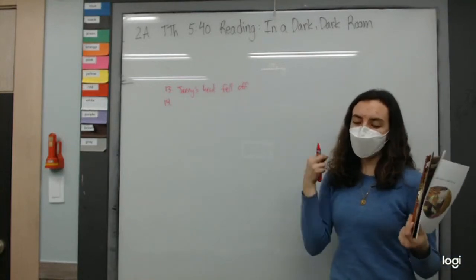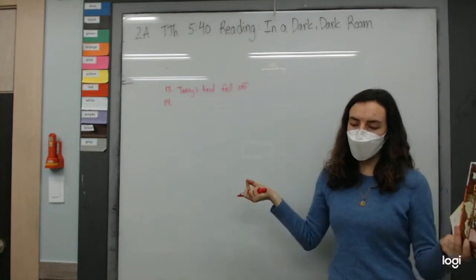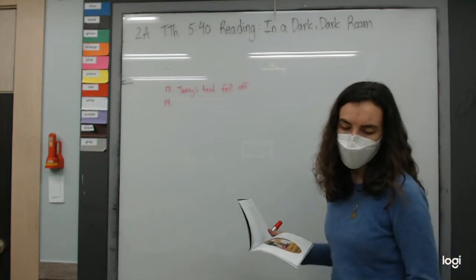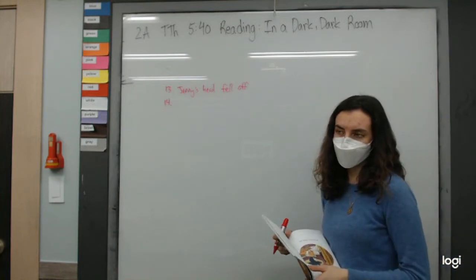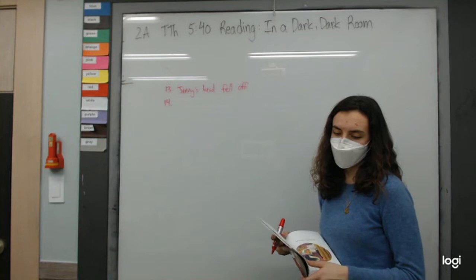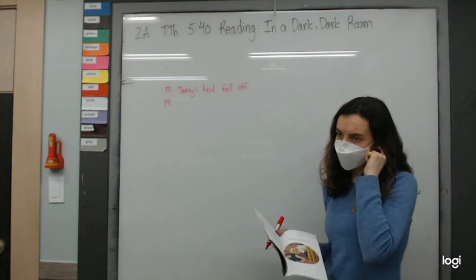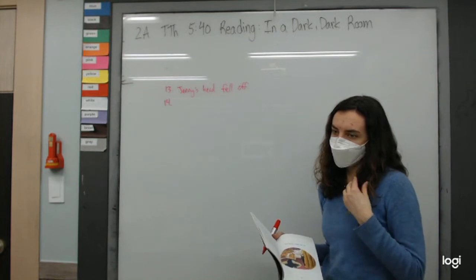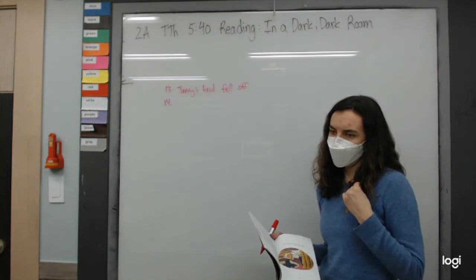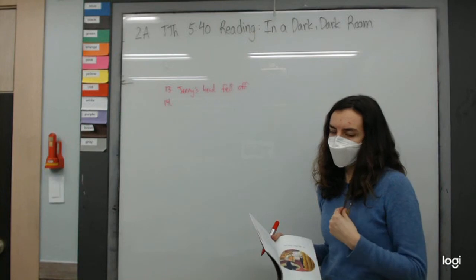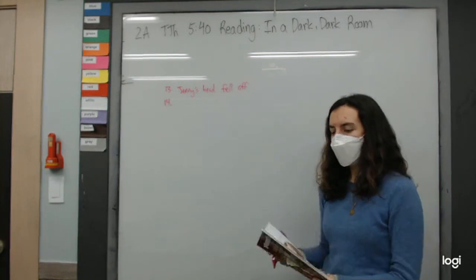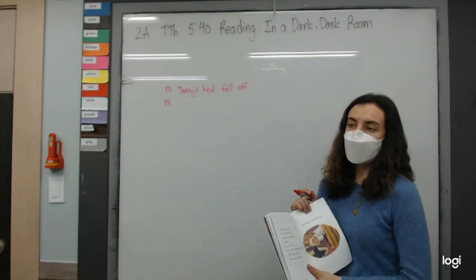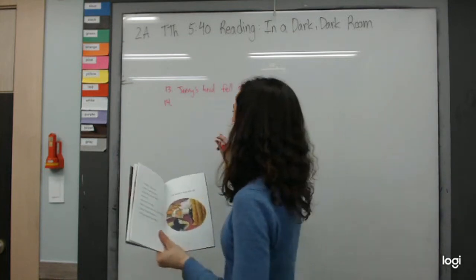So with the ribbon, what is it for? Does Jenny's head fall off? Why do you think Jenny needs the ribbon? Take a look down. Yeah, so her head doesn't fall off.